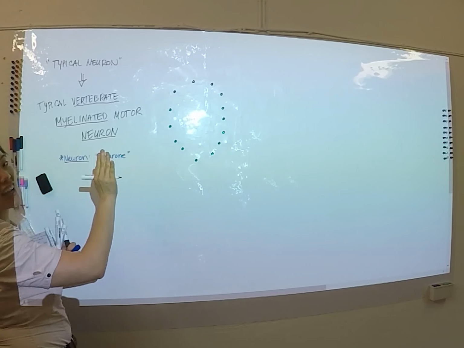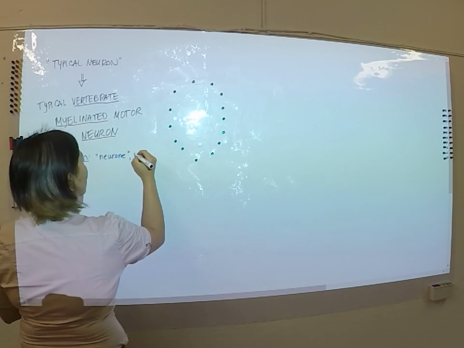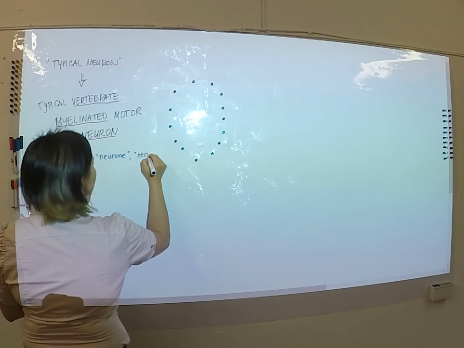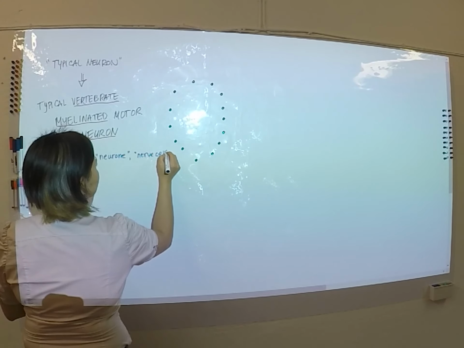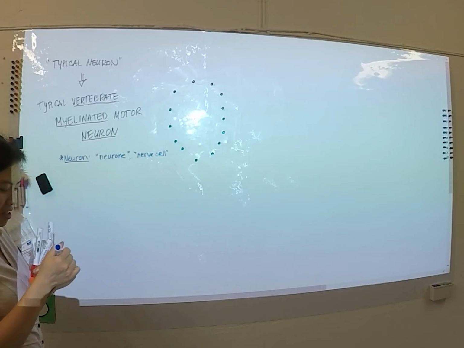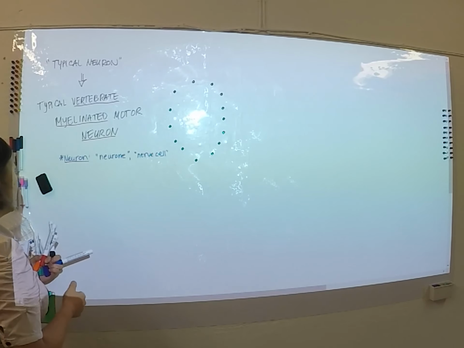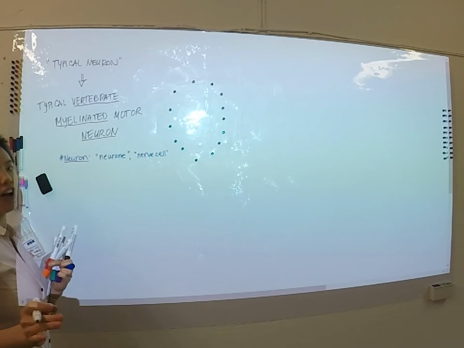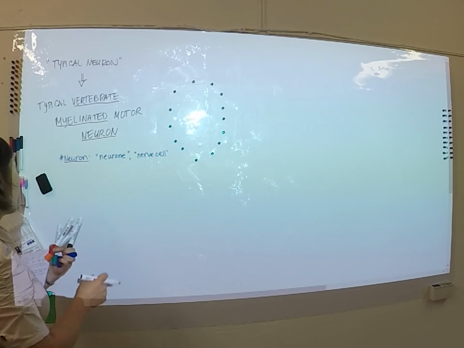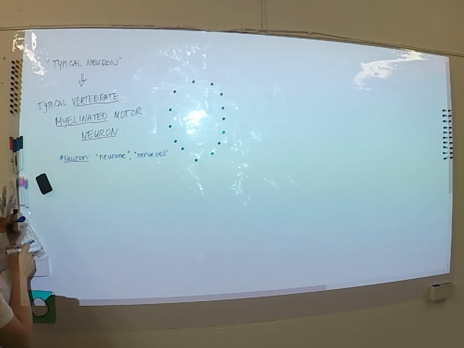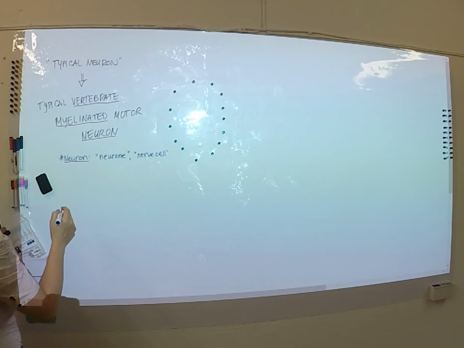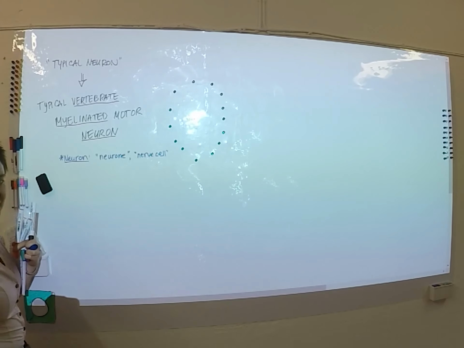This is a very old-fashioned spelling. Or you might also see nerve cell. They're all the same thing. Okay? So, what defines a neuron?